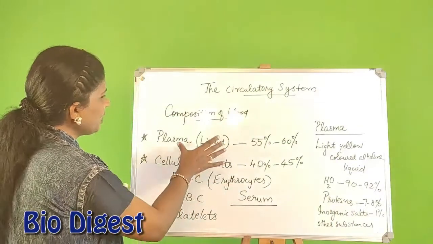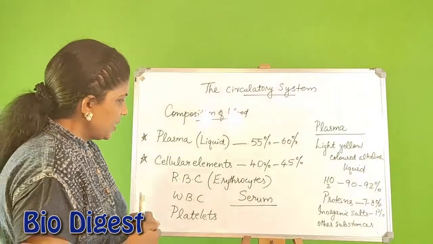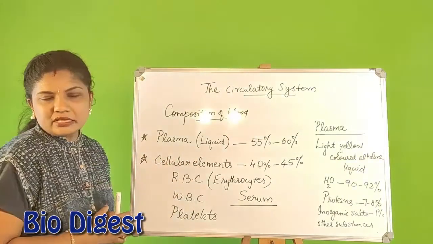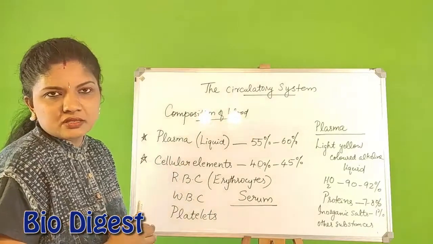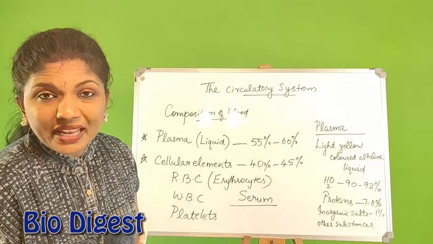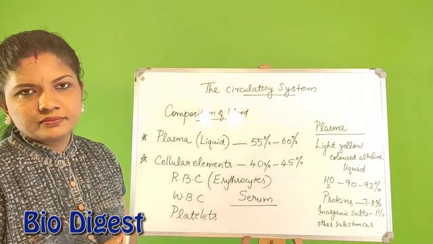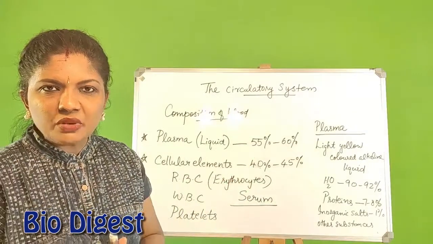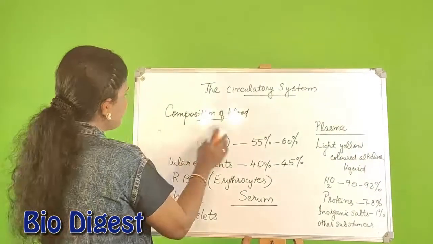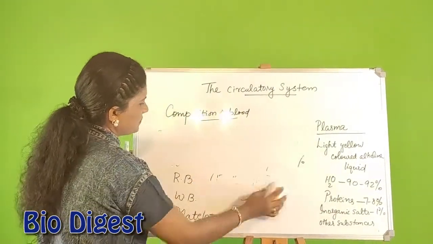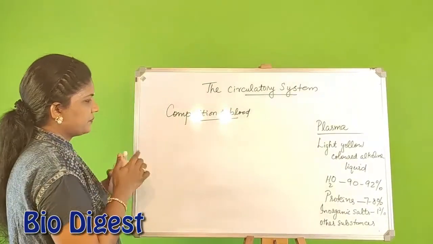So with that, the liquid part of the blood, that is plasma, is over. Now coming to the cellular elements. Let us first discuss RBCs, otherwise red blood cells or erythrocytes. What is the shape of an RBC? RBCs are a biconcave disc-like structure.